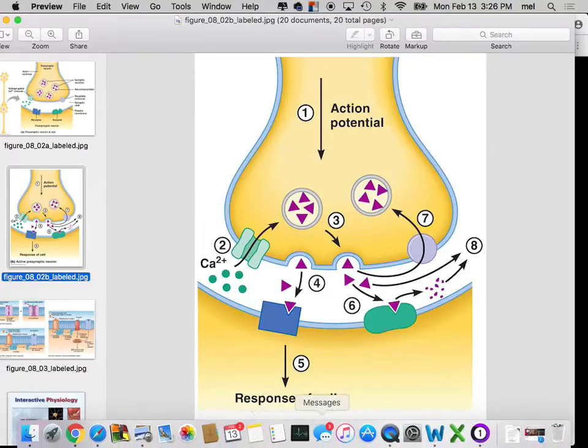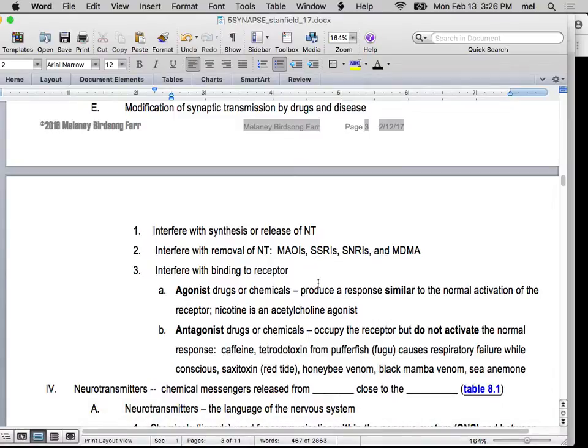So what's plan B? Plan B is to interfere with the removal from the synapse, right? If I can't make you make more, I can fib and make you think that you're making more. One of the ways to do that is to interfere with the removal of the neurotransmitters. We already talked about SSRIs, selective serotonin reuptake inhibitors: Paxil, Prozac, Zoloft, and a bunch of others.